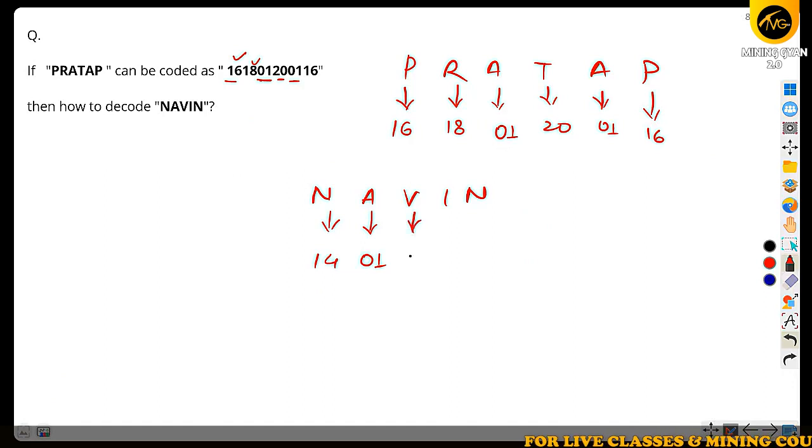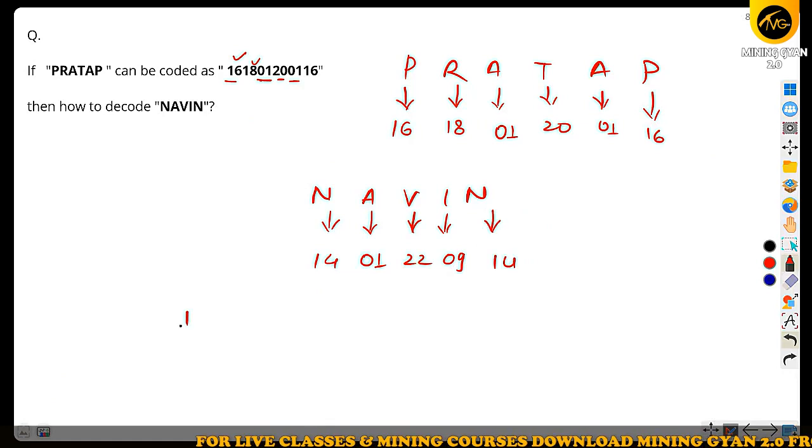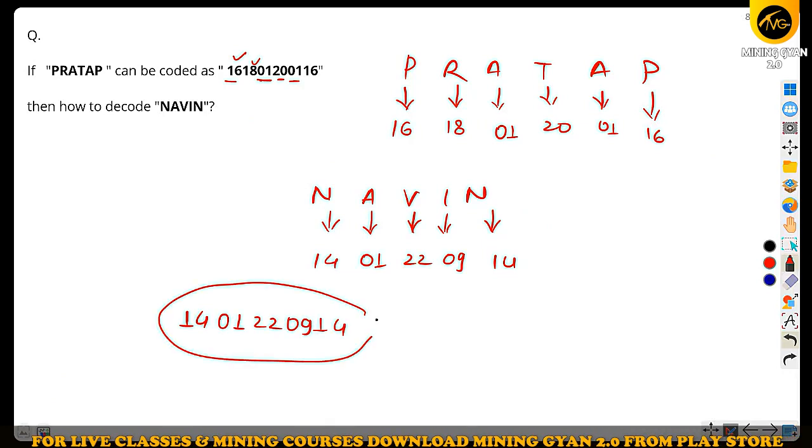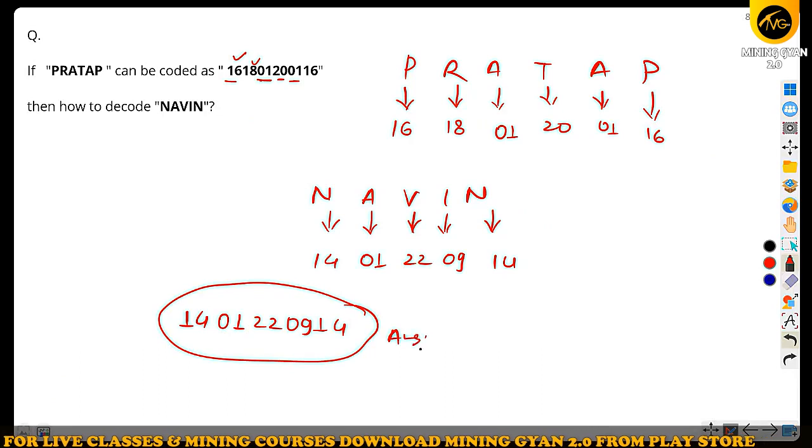V will be 22, and I is 09, since J is 10. Use 09, not 9. And N is again 14. So the answer will be 14012209014. This will be the correct answer, the decoded language for the word NAVIN.